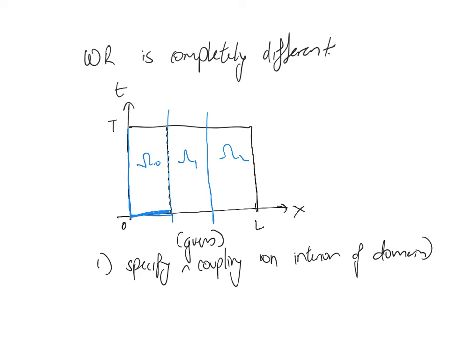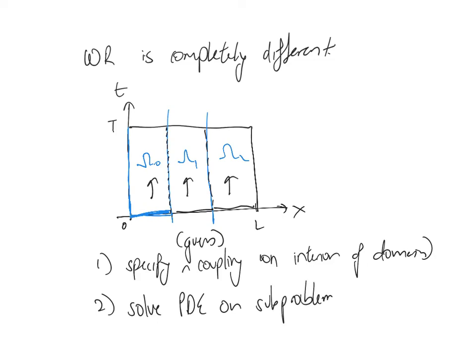Once you have these boundary conditions and the initial condition for each of these blocks, you can solve the PDE on each of these subproblems in parallel. And then you realize, well, of course I made an initial guess for what my boundary conditions are.